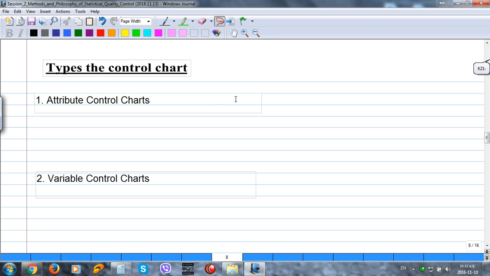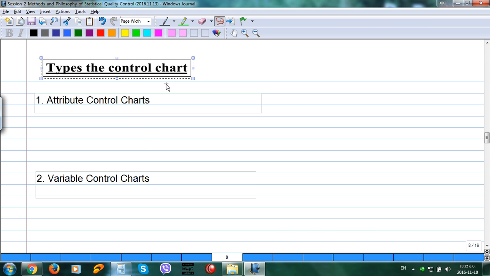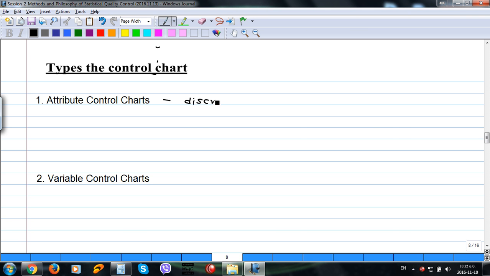Then, types of control charts. There are two types of control charts: attribute control charts and variable control charts. We discussed those things in lesson 1 also. Attribute control charts we use for discrete data, which means counts.